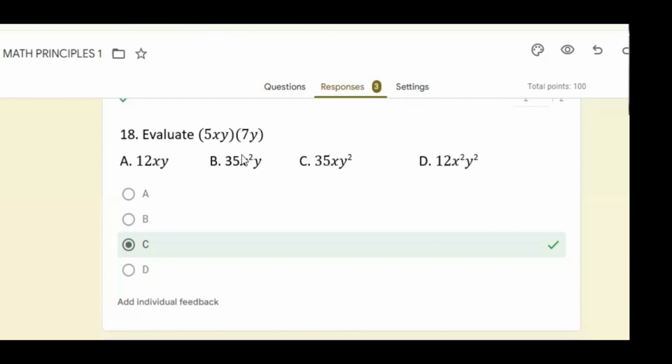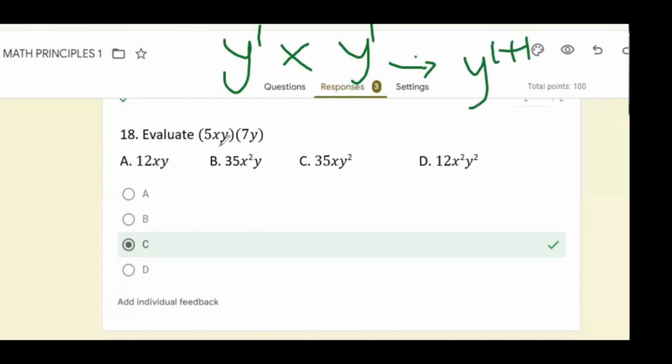Don't say you add y. You say you add their power. This y here means it has power 1, and the second y too has power 1. When they multiply, you add up their power. So that will give us power 2.